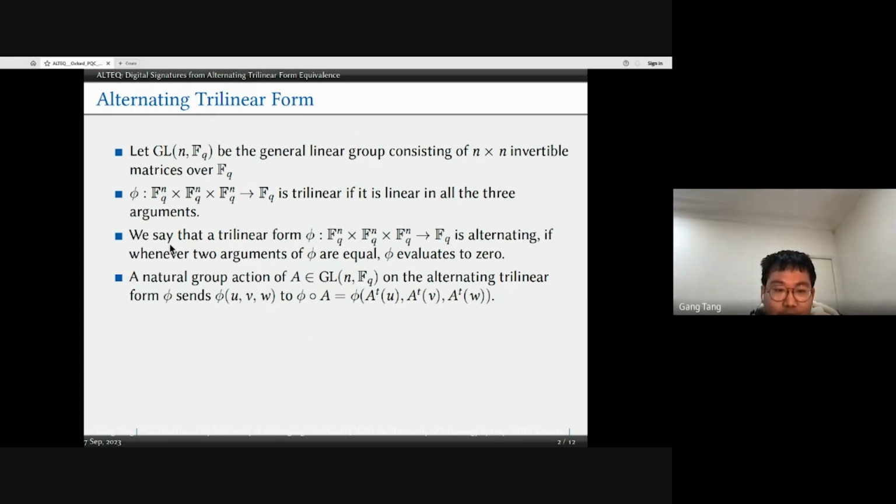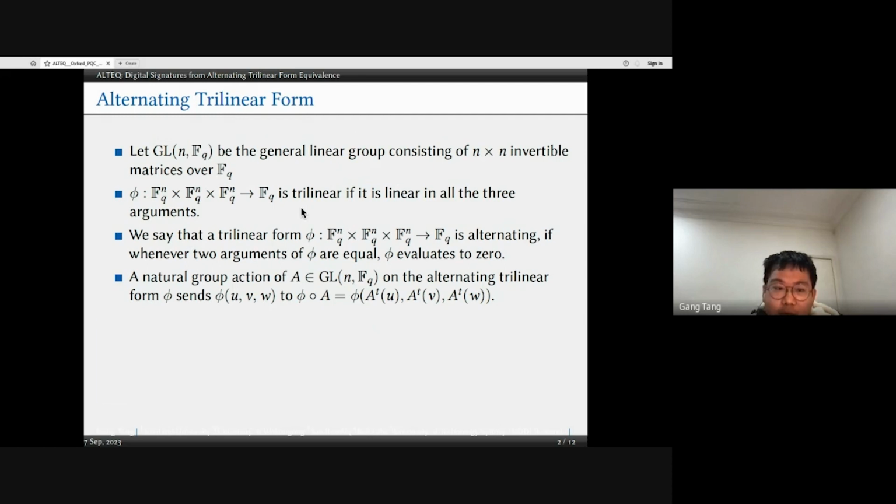With these notions, we can define a group action of the general linear group, A belonging to GL_n(F_q), acting on trilinear forms, where we use A transpose for matrix-vector multiplication on these three arguments.